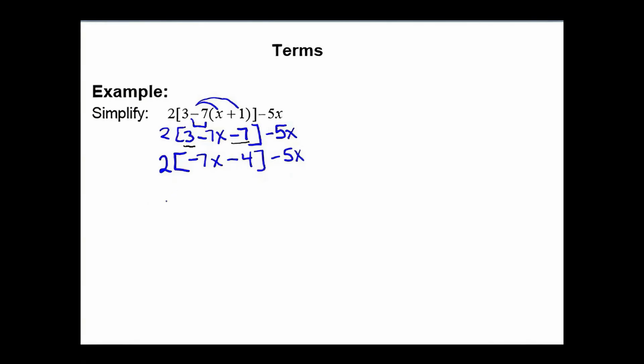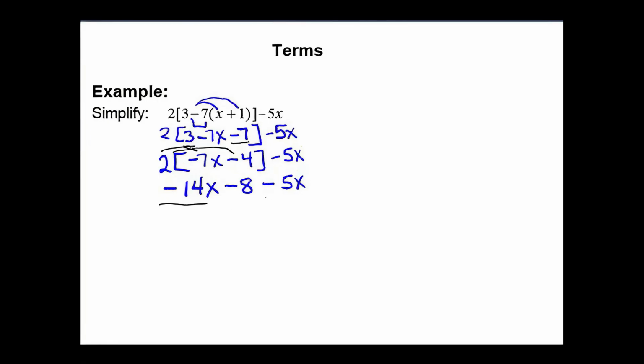Now we're ready to distribute again. So we'll take the 2 times the terms in the bracket. 2 times a -7x will give us a -14x. 2 times -4 gives us a -8. Take the brackets off, bring down the rest, and now we're back to like terms one more time.